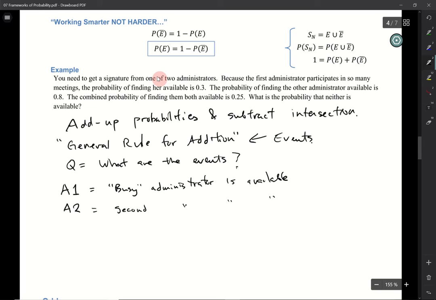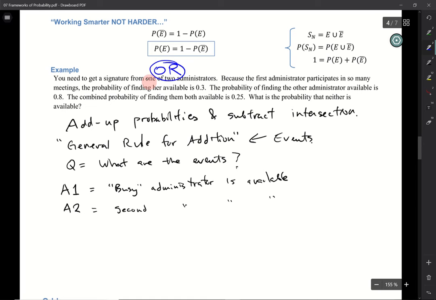Here, you need to get a signature from one of two administrators. What is this about? You could get a signature from one or the other one. So this problem is really about OR, right?